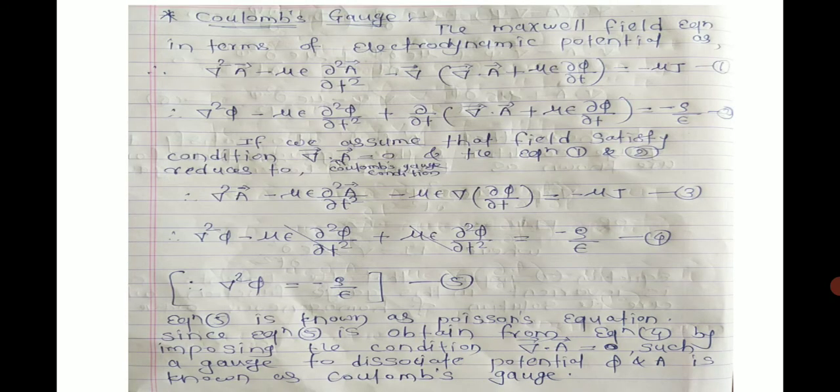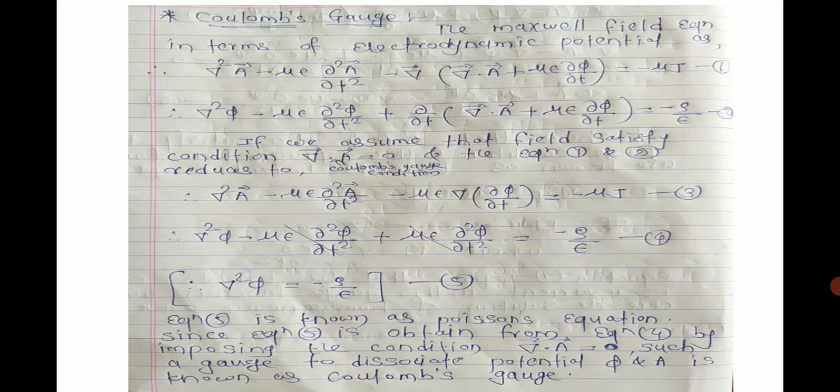Again, we use Maxwell's field equations in terms of two electrodynamic potentials. One is the magnetic vector potential A bar, and another is the scalar potential phi. The same equations: del square A minus mu epsilon d square A by dt square minus del in bracket del dot A plus mu epsilon dphi by dt is equal to minus mu j.